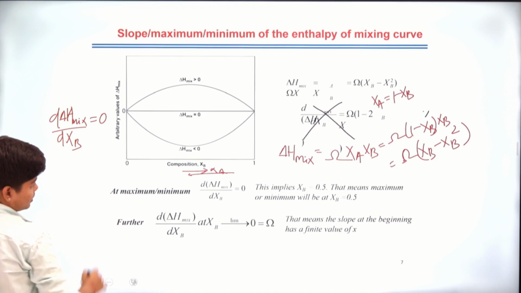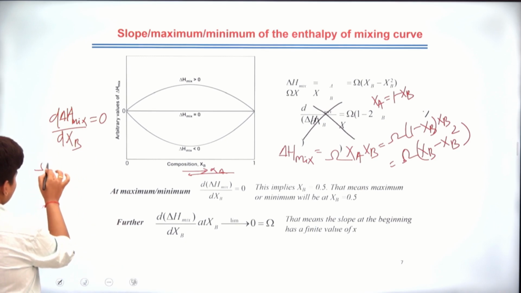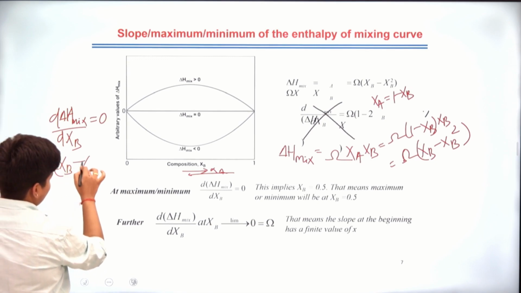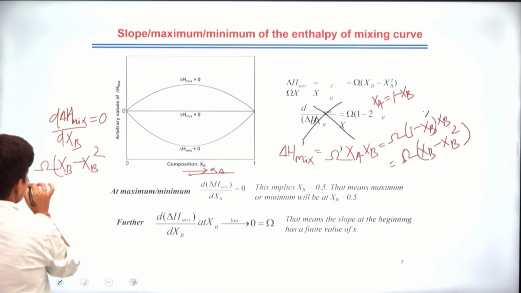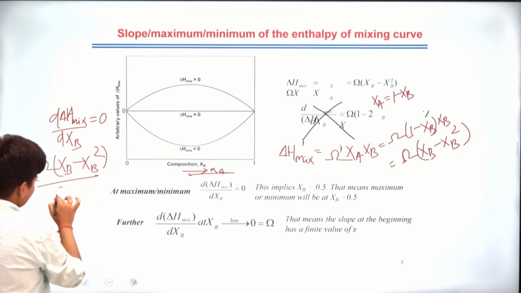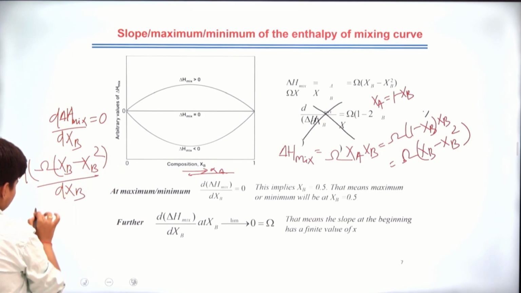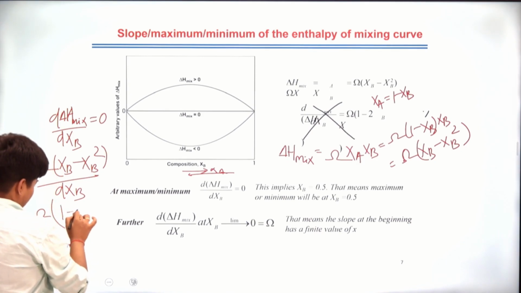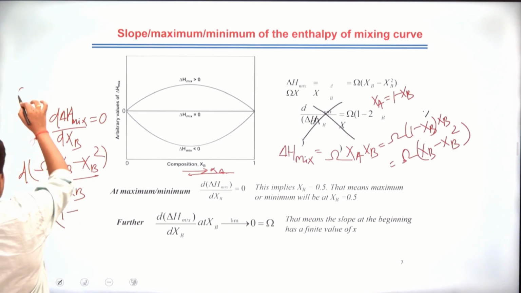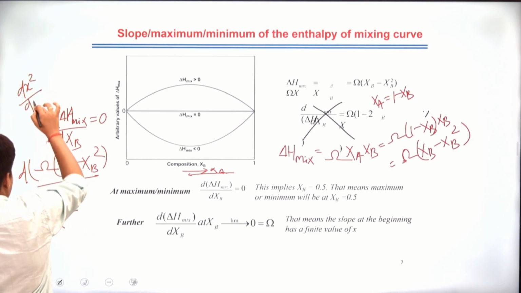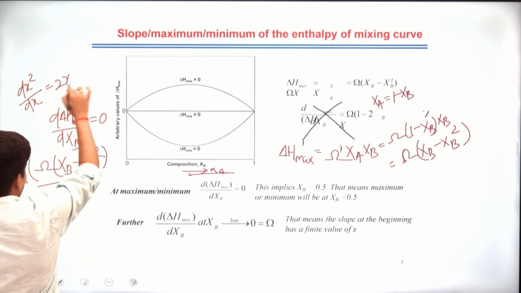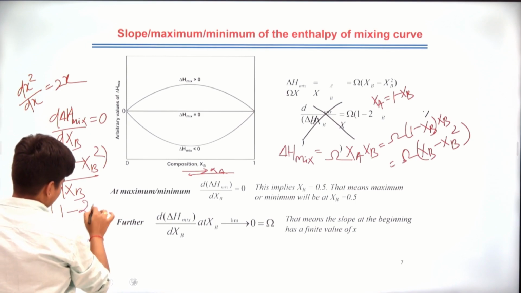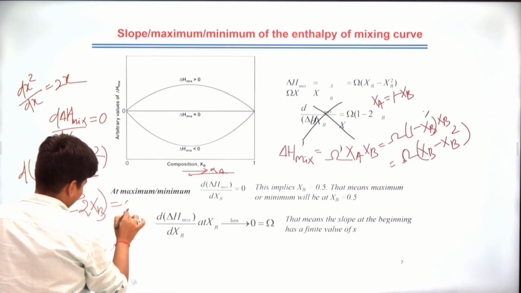So put the differential equation: XB minus XB square, differentiated with respect to XB. This is the constant, take it outside, and the differentiation of XB will be 1, and the differentiation of XB square: d of x to the power n by dx is n x to the power n minus 1, so it will be 2XB, set equal to 0.